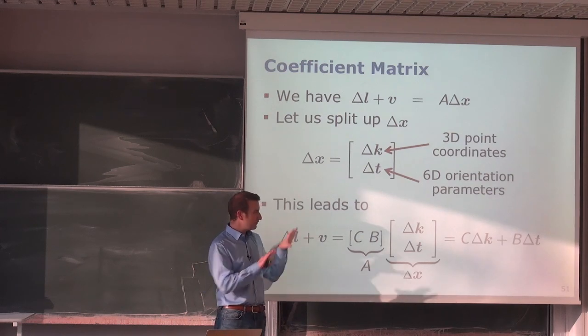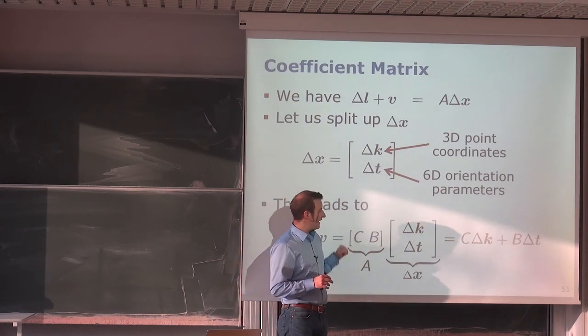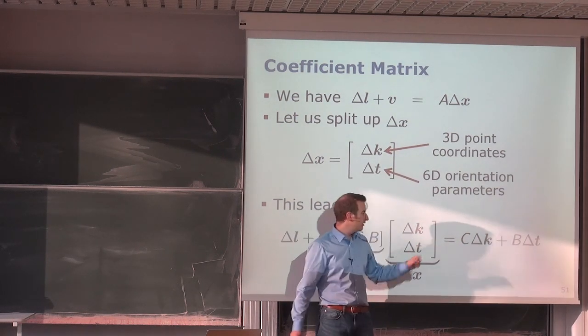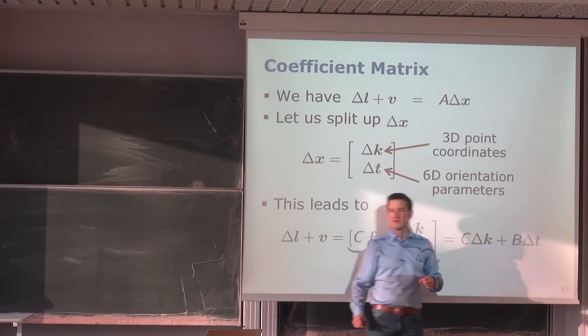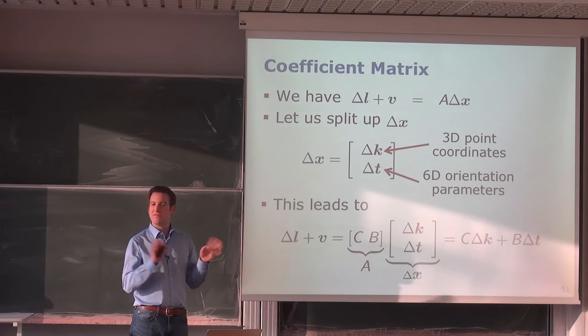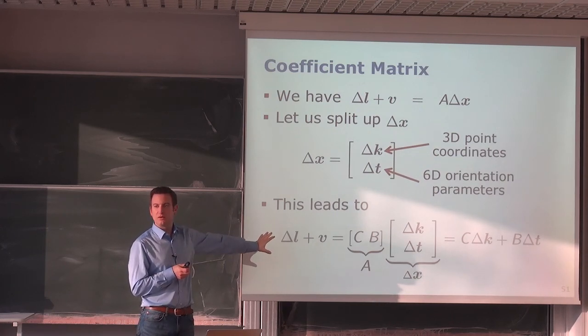This happens only based on reordering. And then, if the matrix A has this form, I can write this as C times K plus B times delta T. So nothing very bad has happened. It's just a reordering so far of all variables. Is that clear, that we can do that just by reordering our variables? Okay, good.